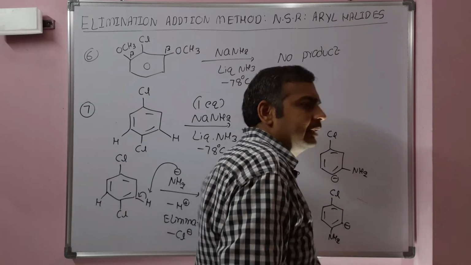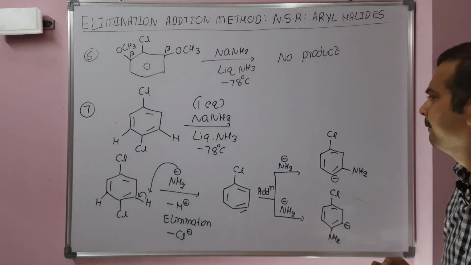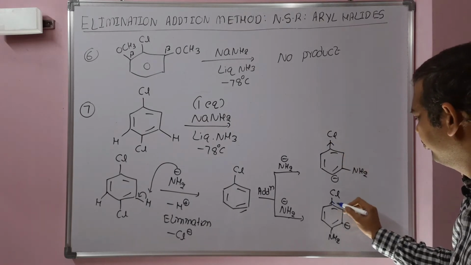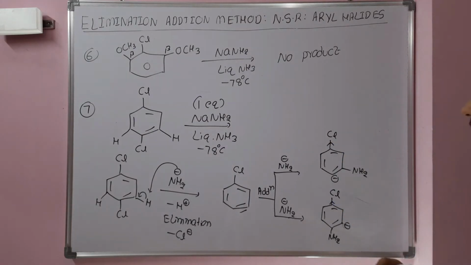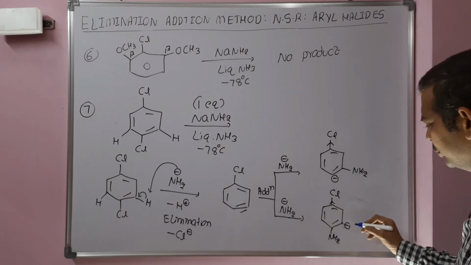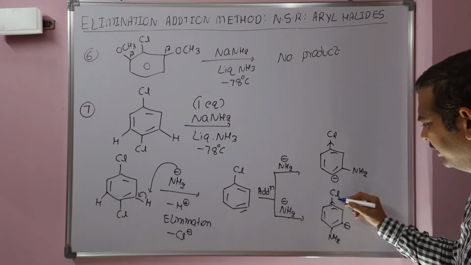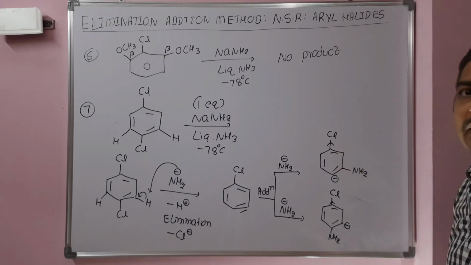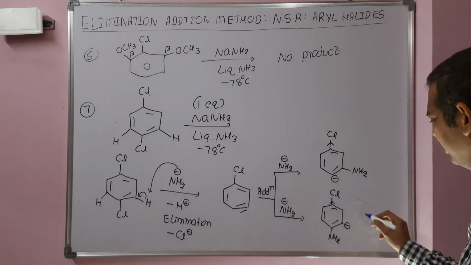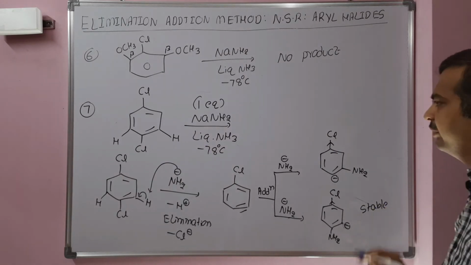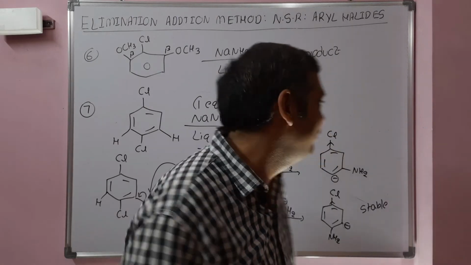Now see the stability of the carbanion. Chloro is a negative inductive effect group, so that will increase the stability of the carbanion. Among these two, this carbanion is nearer to the negative inductive effect group, whereas here the carbanion is far away from it. That's why this carbanion is stable. The one which is stable is the major compound.